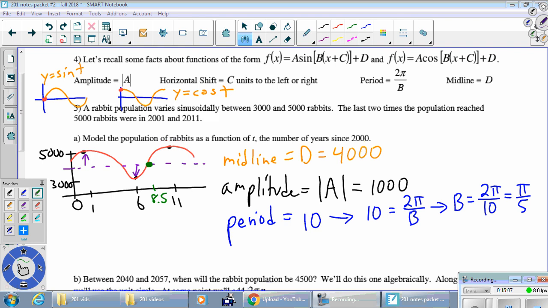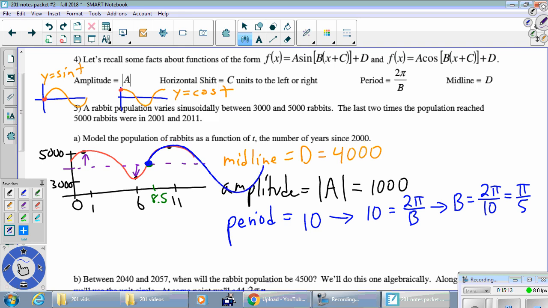horizontal shift. I could think of this curve as starting here, and now it looks like an unaffected sine graph. There's one period, and you notice that it started in the middle on its way up. And so I could think of shifting my sine graph. Normally it would want to live here, but I need to shift it from its normal position 8.5 units to the right.